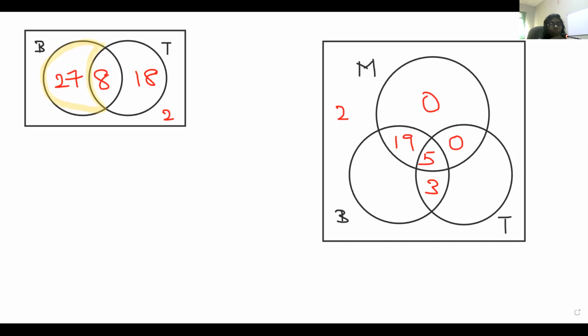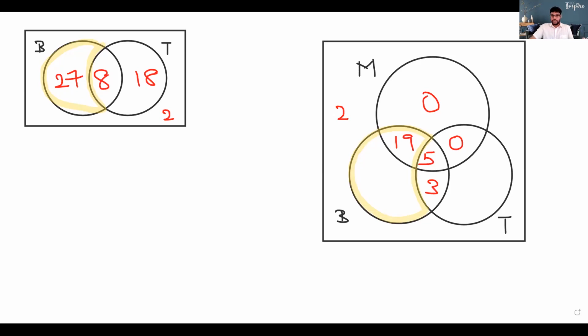To finish this half moon part, the females who ate bread. Yes, children. So, children, the number of total people who had bread is 27.